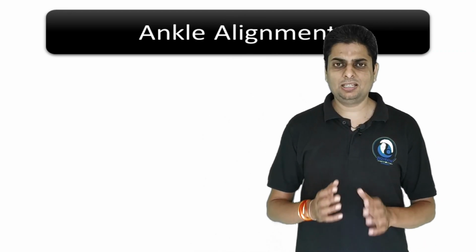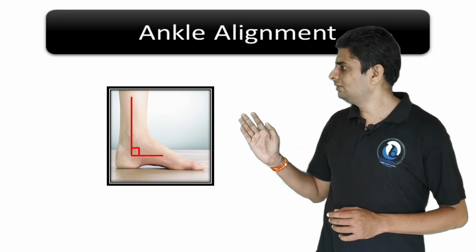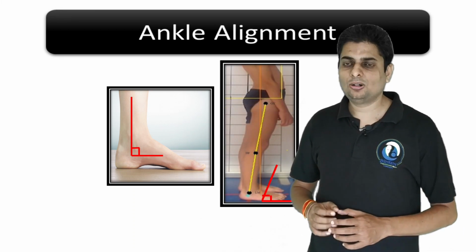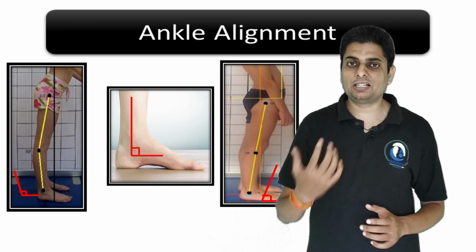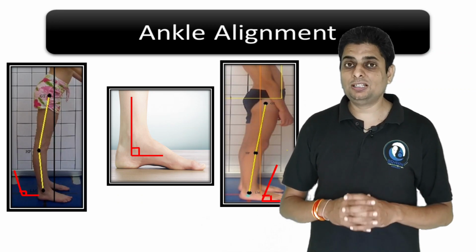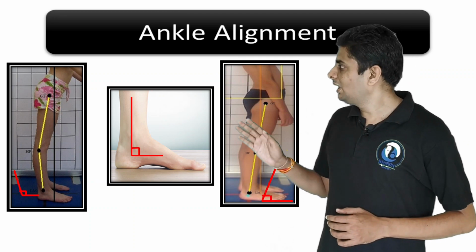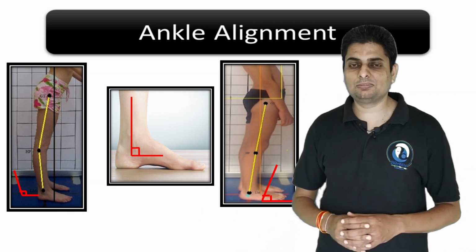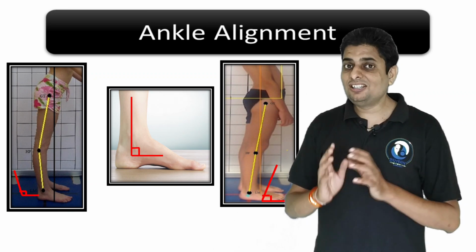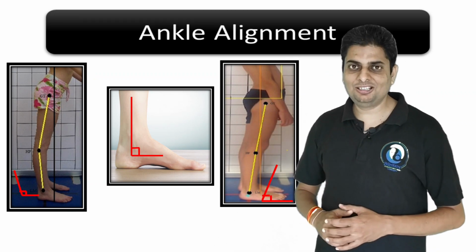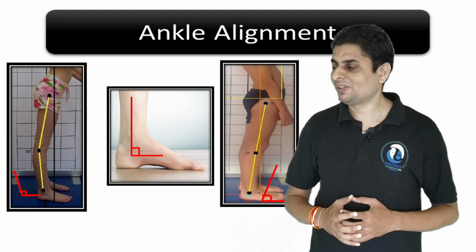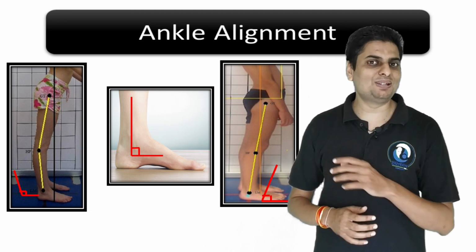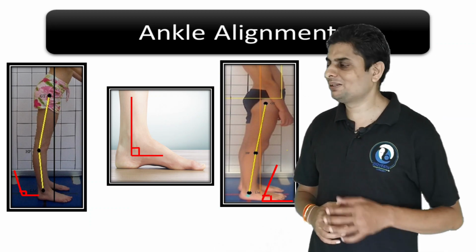A displacement of this angle, either dorsiflexed or plantar flexed, will lead to malalignment upward towards the head. This malalignment is very evident in terms of anterior or posterior pelvic tilt, or anterior or posterior pelvic shift, as we see in sway back posture or kypholordotic postures.